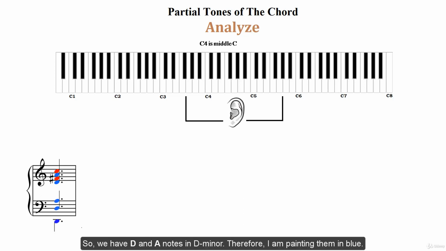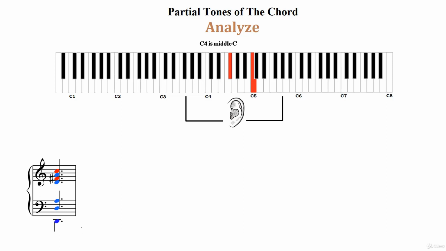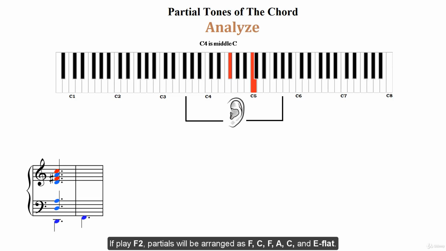Now look carefully. We have D and A notes in D minor, therefore I'm painting them in blue. We don't have F sharp and C notes in D minor, therefore I'm painting them in red. If we play F2, partials will be arranged as F, C, F, A, C and E flat.